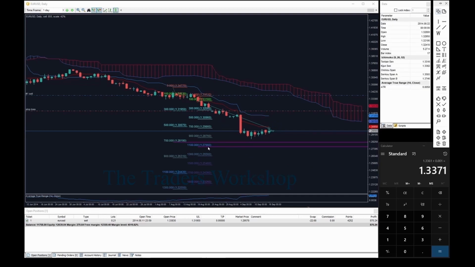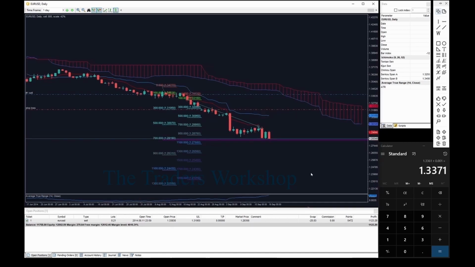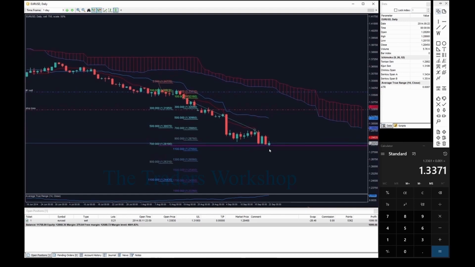Since we won't be needing this, we can delete the ray line of position 2 to clear the chart. After that brief pullback, and hitting the stops of our position 1, the market continues to go down, hitting the level 700 of position 1.